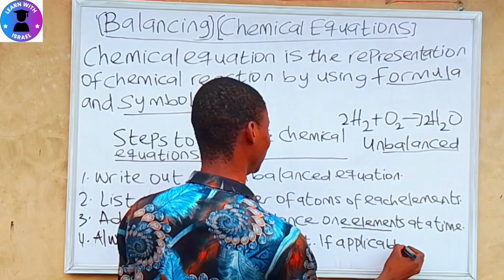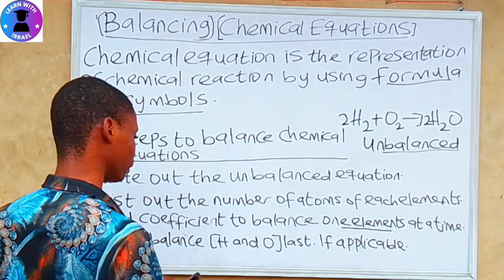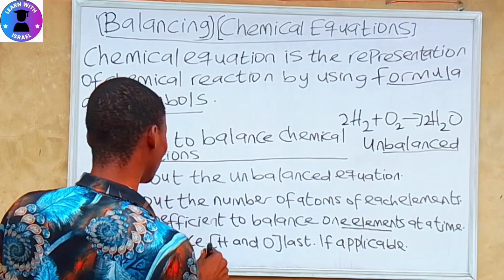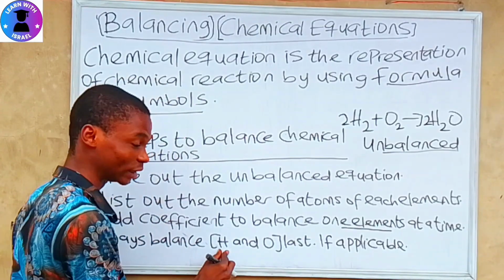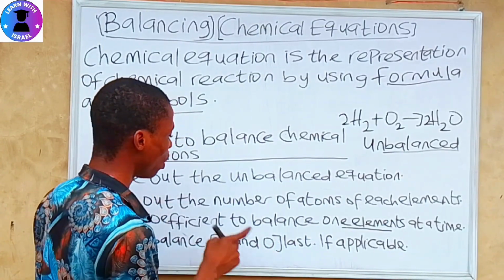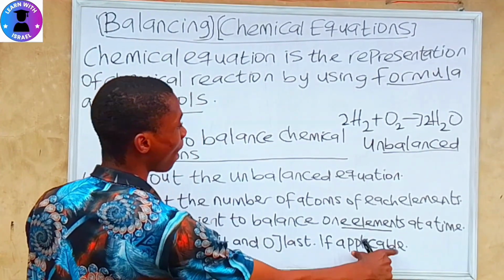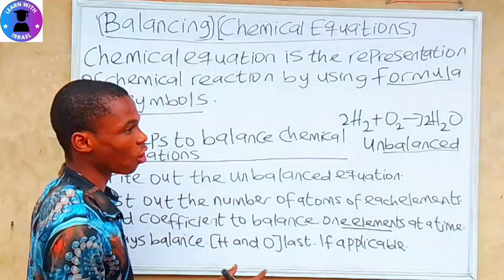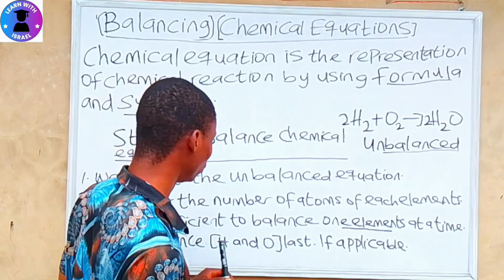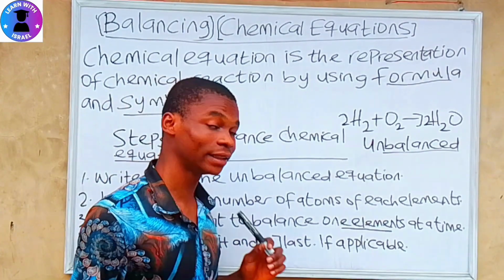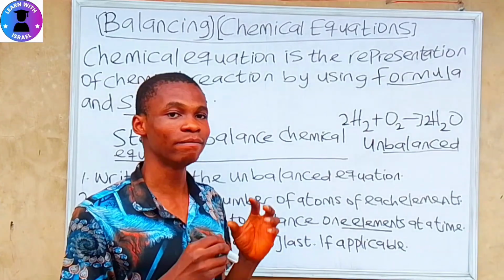What do I mean by this? Always balance H and O. H means hydrogen and O means oxygen. Always balance hydrogen and oxygen last if applicable, because there are some elements that if you balance hydrogen and oxygen first, you will make a mistake.